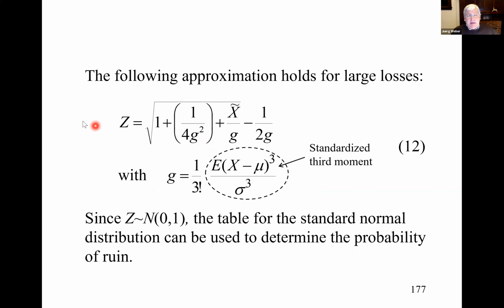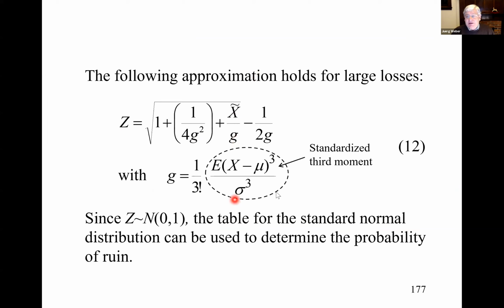Now the second step is done like this. You get the x tilde from the first step. That's a random variable with mean 0, standard deviation 1, but still has a skew. You transform it with this formula, and then you get z. Now in the expression here, you have g.